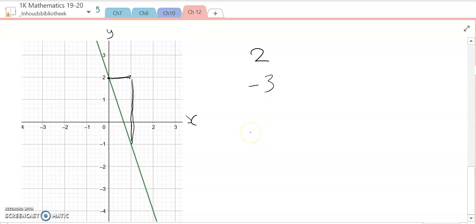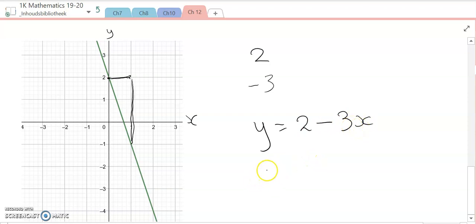Then if you make a formula out of it, start with the y, because that's the vertical axis and the outcome. Then you can start with the starting value. It goes down, so a negative sign, and then it goes down by 3. We don't write the multiplication sign anymore, so you can just write the x after the 3, and then you're done.